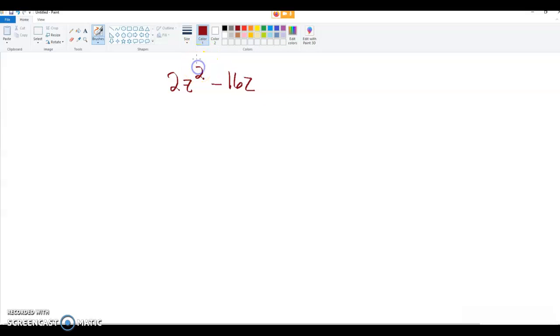Let's say we don't have it in the form of ax squared plus bx plus c. So we have 2z cubed minus 16z squared minus 18z. So this is going to take a few more steps for us to figure out.